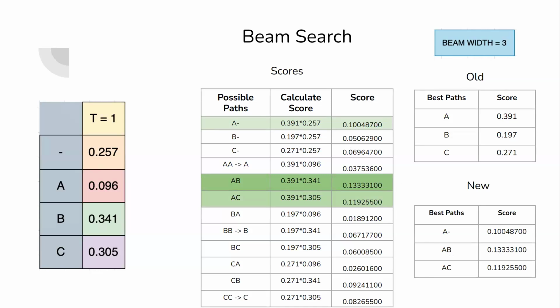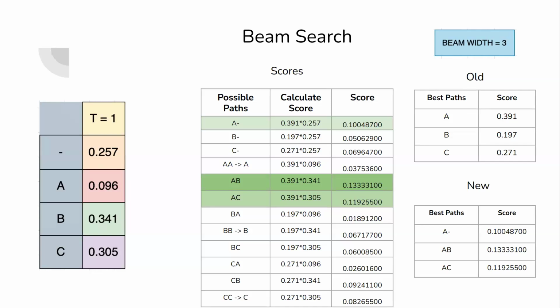But if the previous highest probability wasn't A, the greedy approach would not consider AB. So going with the top three gives you room to look at the probability of the future sequence, which can be greater than just selecting the current maximum. I don't know if it makes sense.